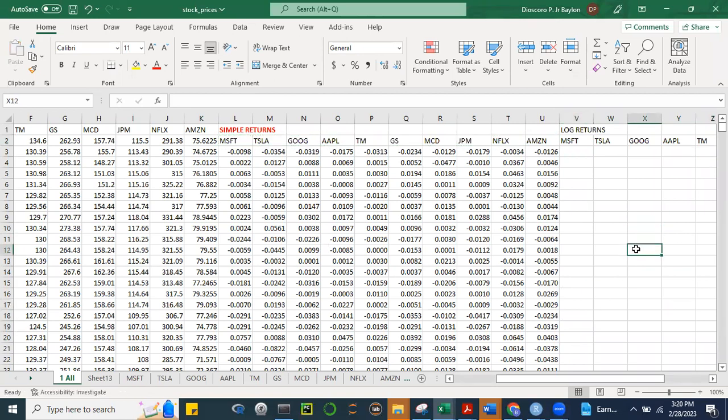What's the formula to compute for your log returns? Class?